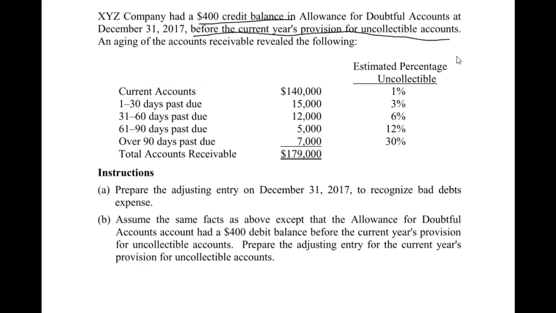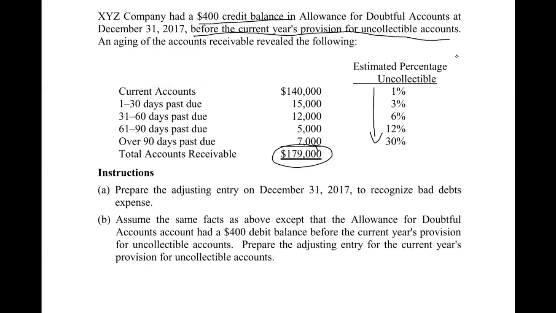All right, so one of the methods is an aging of accounts receivable, where they break things up into how old the receivables are. What we're looking at here is the total receivable balance. All they do here is break it up into age buckets. And you notice that as we get farther away from the point of sale, meaning more past due, it's a higher percentage that we won't collect.